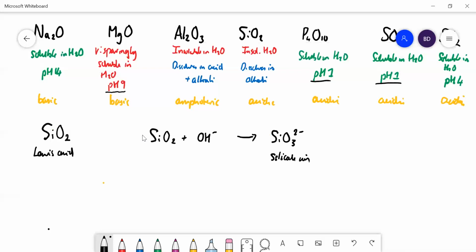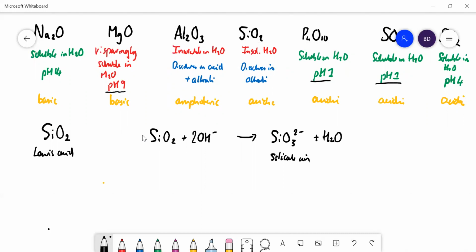To balance this, we're going to need 2 of those OH minus and water. So silicon dioxide will dissolve in really concentrated, almost molten sodium hydroxide. So it is acidic, but not very acidic.